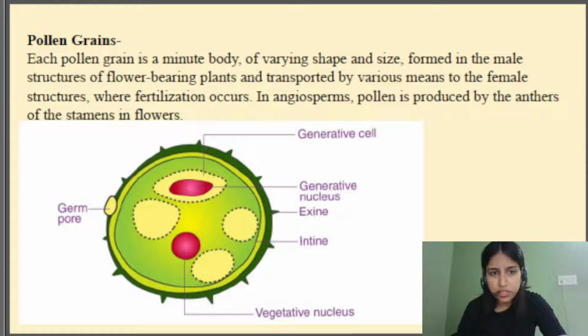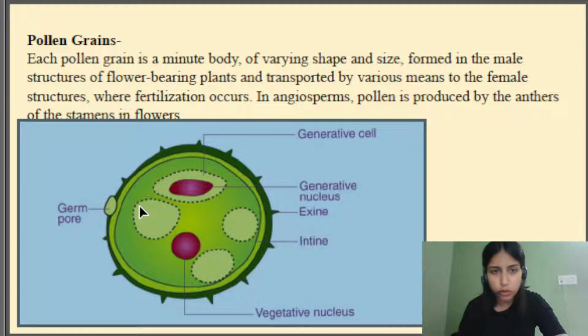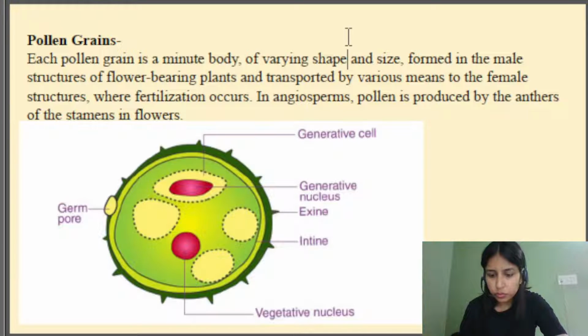So if it is this much protected, then how will the pollen tube extend from the pollen? Through this germ pore, the pollen tube will be extending, and the layer that is responsible for pollen tube extension is intine. So the function of this intine layer is pollen tube formation. It will be extending from this pore that is called the germ pore. So I hope now this structure of pollen is clear to you all. So we should move forward from here.